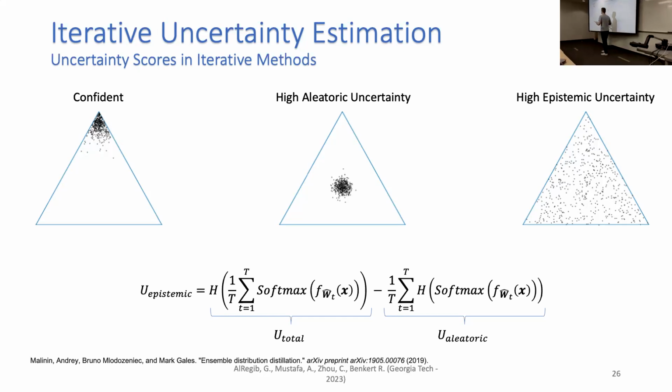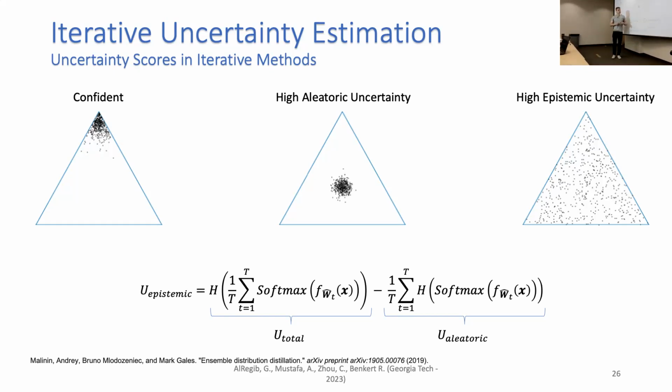And that's what you can see over here. Imagine you have a 3-class problem in the softmax setting, with one class up here, one class up here, and one class up here. If all of the different predictions and probability scores go into the same area, you can see that we're very confident in this particular prediction, and that all of these different neural networks agree on the essential output prediction.